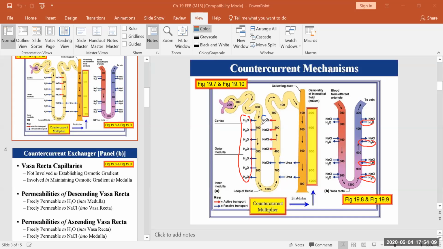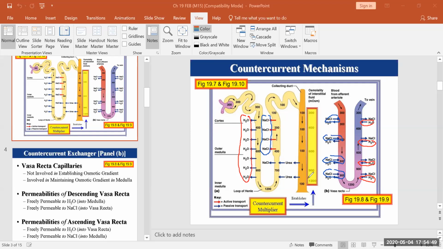When sodium is leaving the ascending limb, that sodium is allowed to go into the vasa recta. By doing that, both the vasa recta and the loop of Henle have the same osmotic gradient, as well as the same osmotic gradient in the interstitial space.